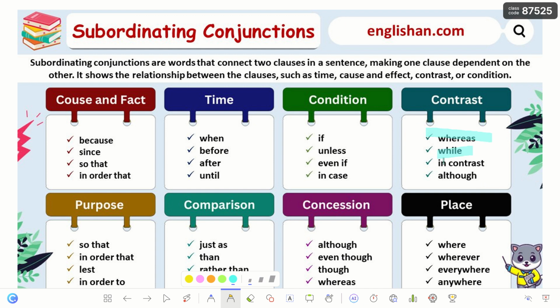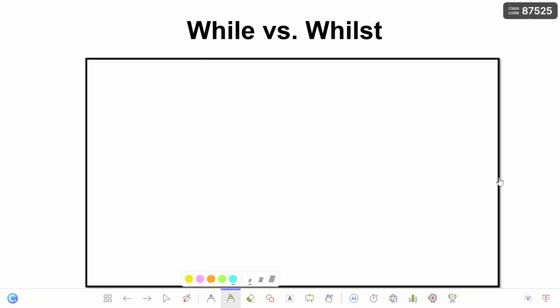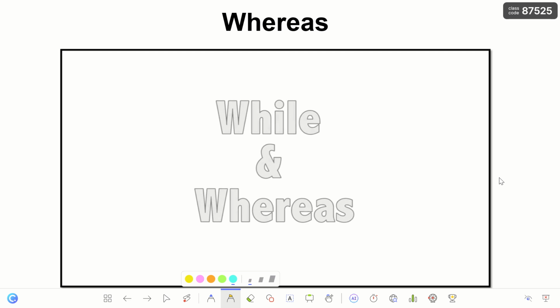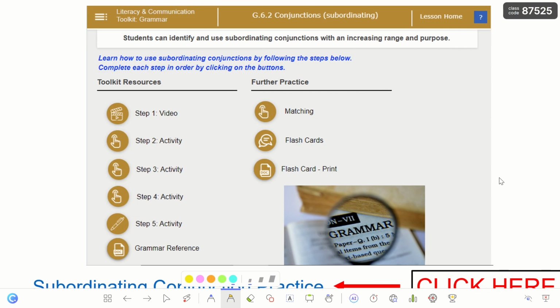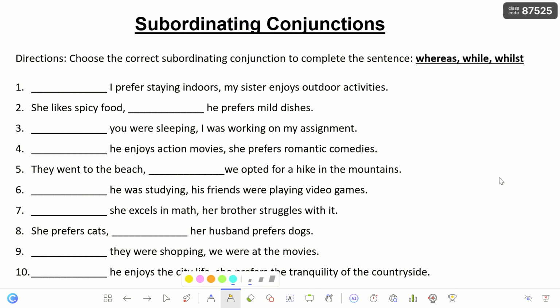We're focusing on this part, although, okay. Here is another video from Khan Academy for subordinating conjunctions. While and whilst, the difference between them. Whereas, while, and whereas. And extra practice on this website.